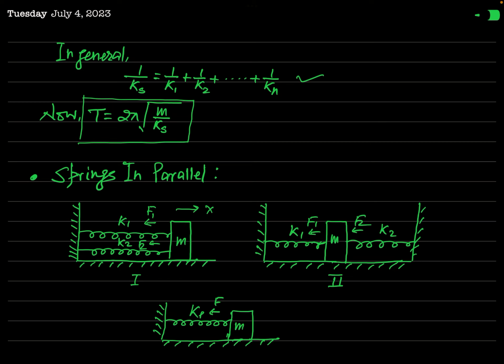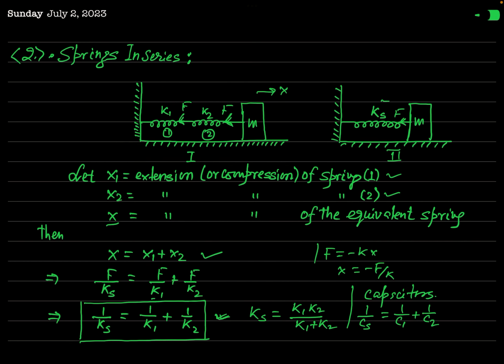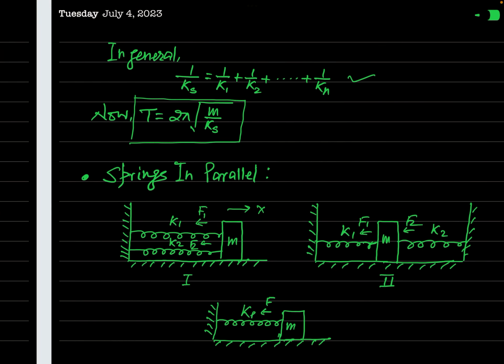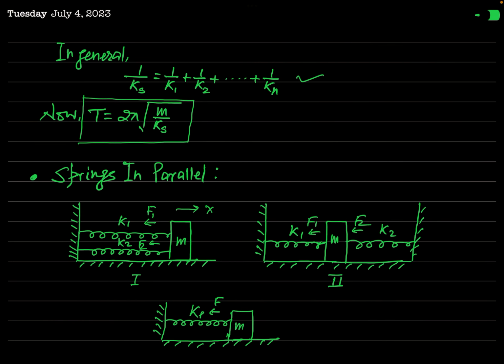Or if the block is compressed by x, each spring will be compressed by x. So in this case, x is the same. In series combination, F is the same, and in parallel combination, x is the same. But forces will be different. Why? Because the spring constants are different.